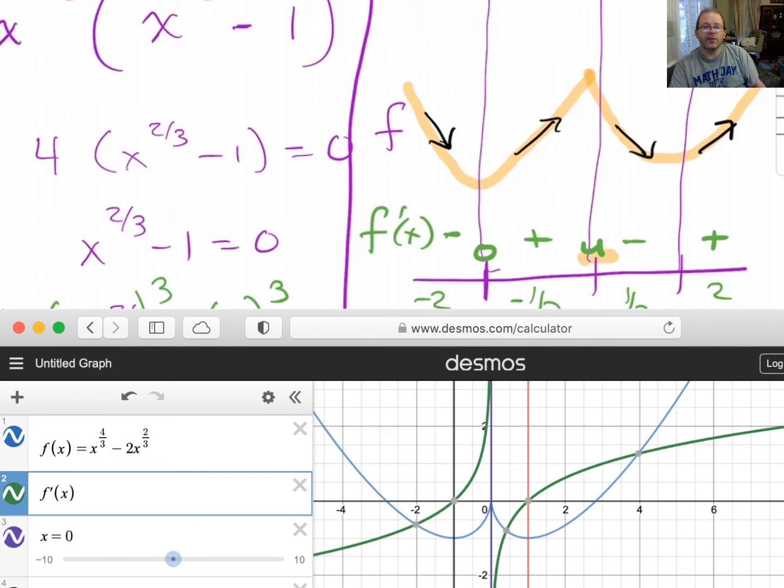And we could write out the intervals of increase and decrease.